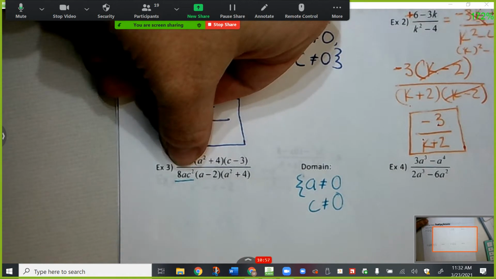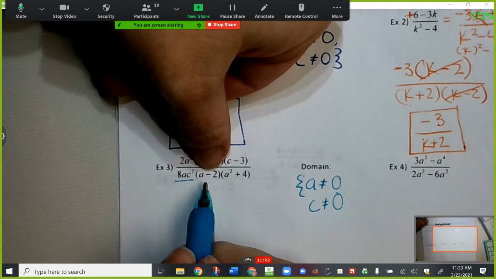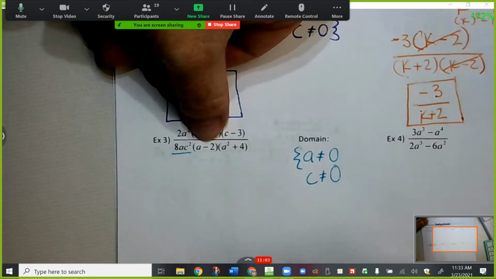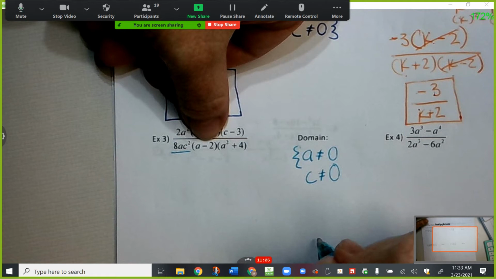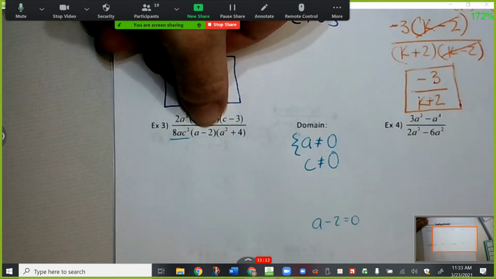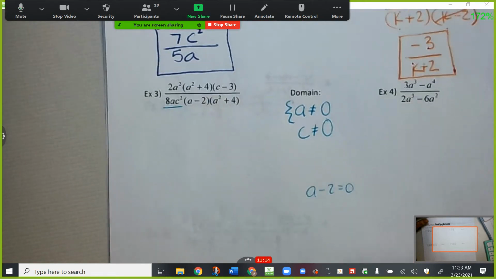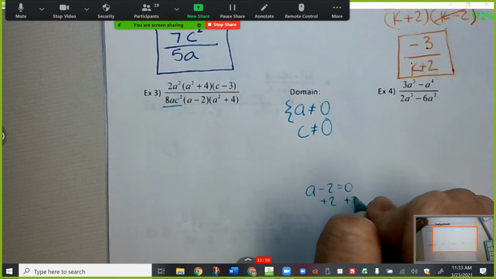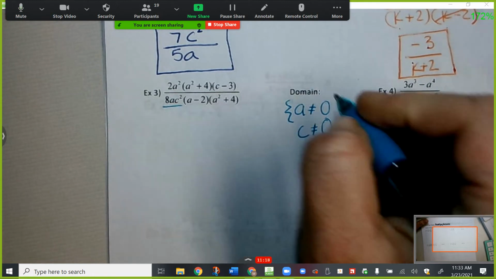It's all multiplication. Now here, I have addition or subtraction. So what cancels an A minus 2, or negative 2? What cancels a negative 2? Positive 2. So A cannot be 2.